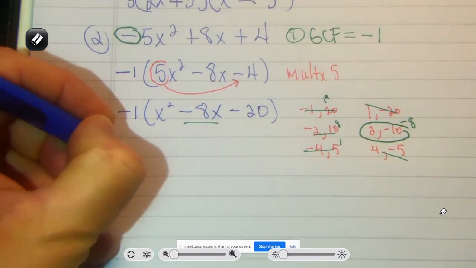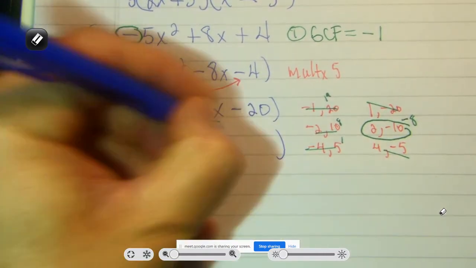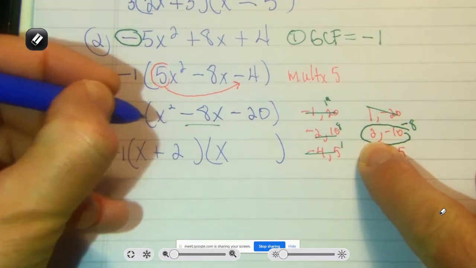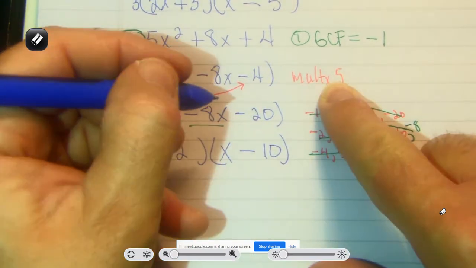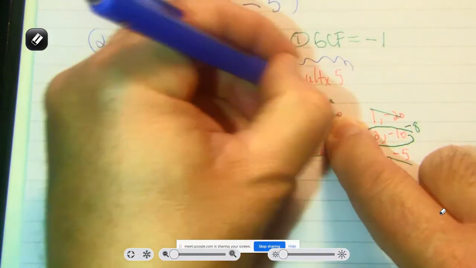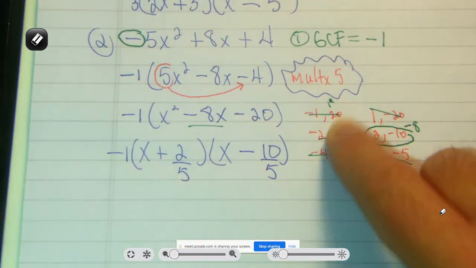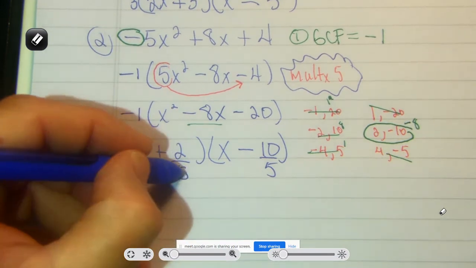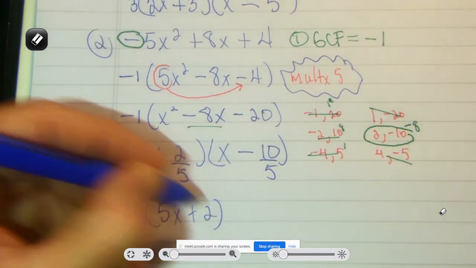It's going to be negative 1, x times x, plus 2, minus 10. Don't forget, hey, I multiplied by 5, so I divide by 5, okay? And when I do that, I've got to simplify that. Remember, I'm just going to get rid of this denominator by writing this as 5x plus 2.